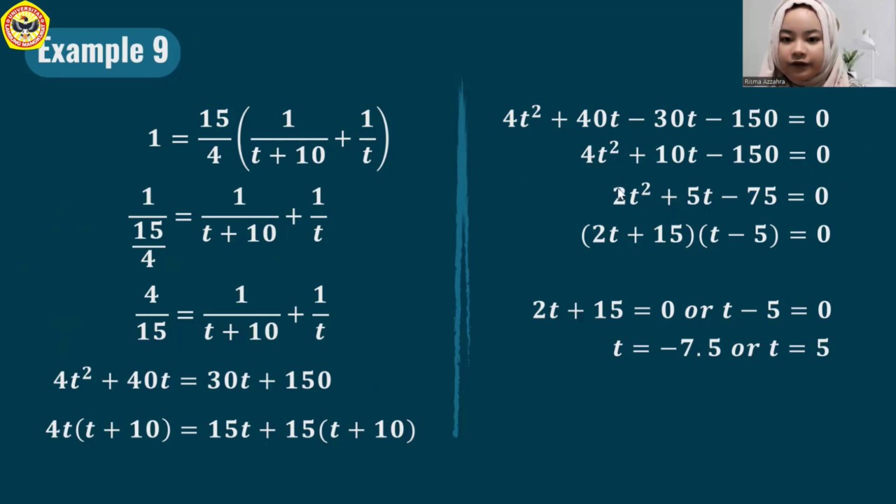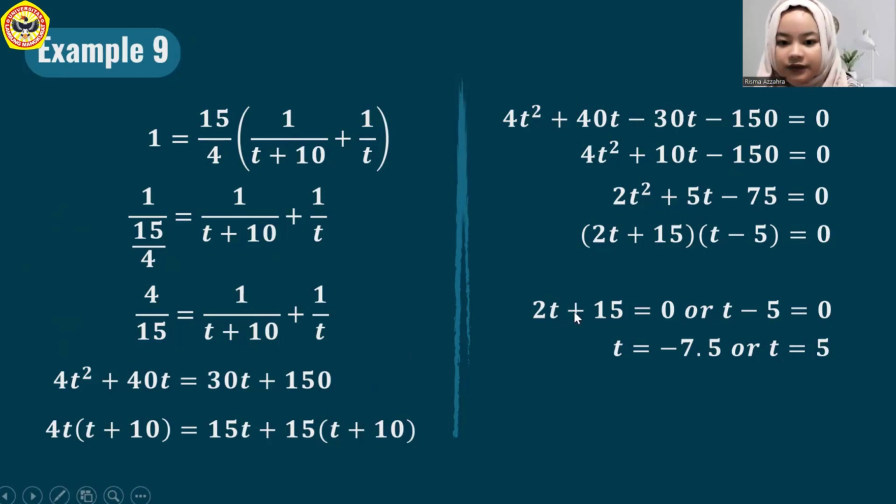So we just have 2t squared, and then we factorize this. So (2t plus 15)(t minus 5) equals 0.